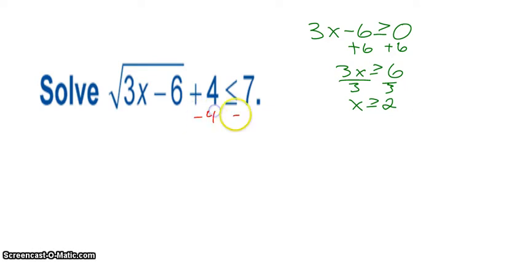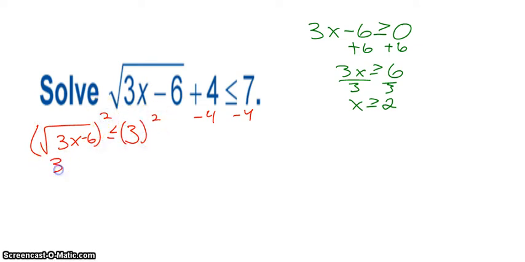So we're going to subtract 4, square both sides, add our 6, and divide by 3.